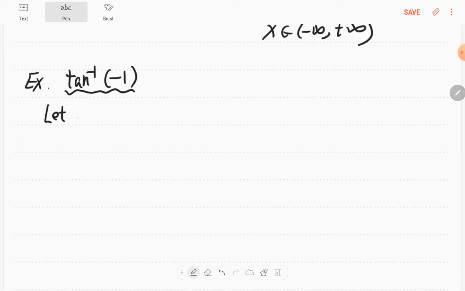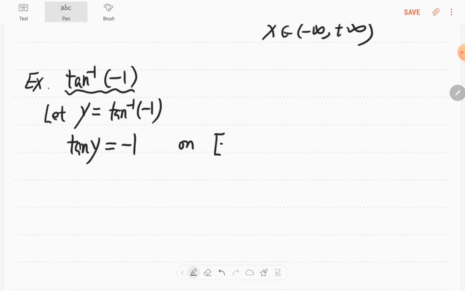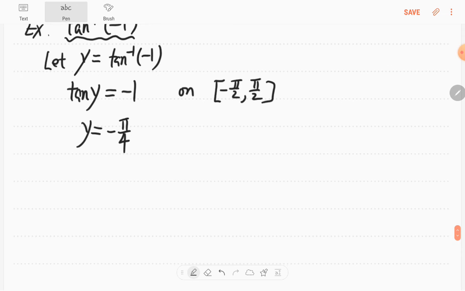So we let y equals tangent inverse of -1. That means tangent of y is equal to -1 on the domain from -pi/2 to pi/2. So what is y? There is only one choice, which is -pi/4. We have no other choice.